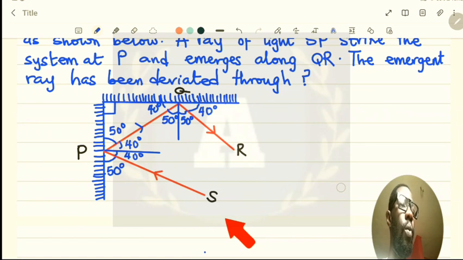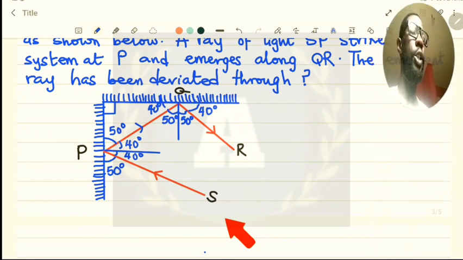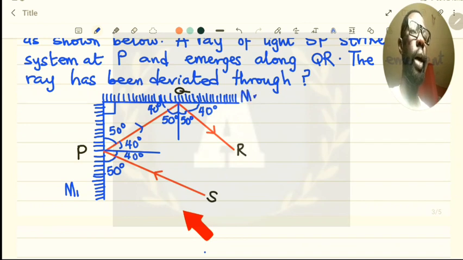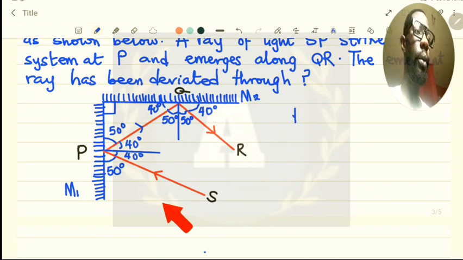Now we are asked to find the emergent ray deviation. I call this M1 for the first mirror, and M2 for the second mirror. The angle of deviation is equal to 2G, that is twice the glancing angle.